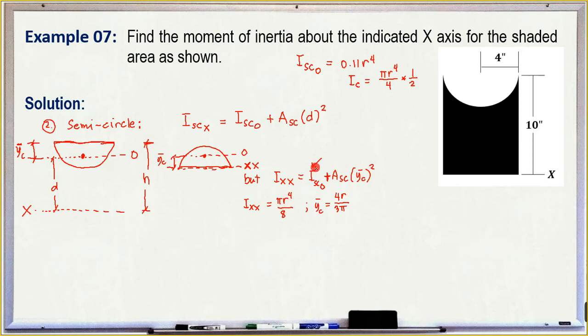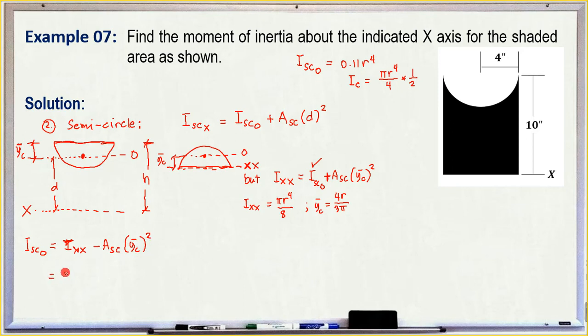So with this, we can solve for Isco. So here we have Isco is equal to, let's just rearrange our formula. So that is Ixx minus the area of our semicircle times yc bar squared.